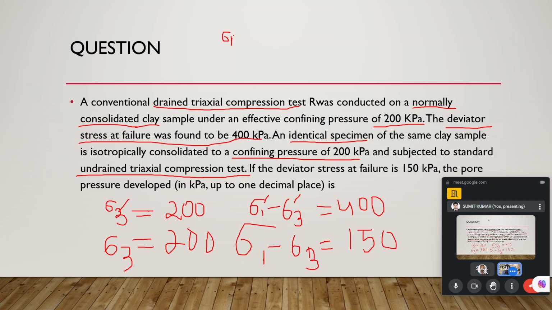I will write the relation: sigma 1 equals sigma 3 tan square (45 plus phi by 2) plus 2c tan (45 plus phi by 2), because this relation is used to solve this problem.